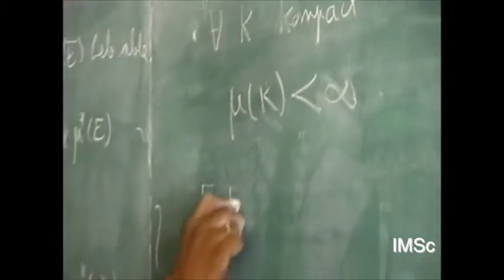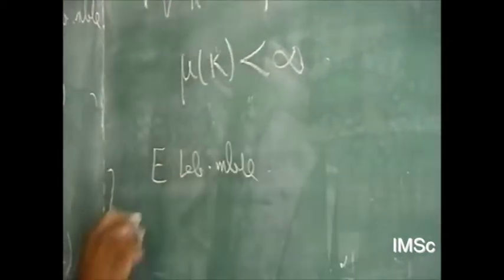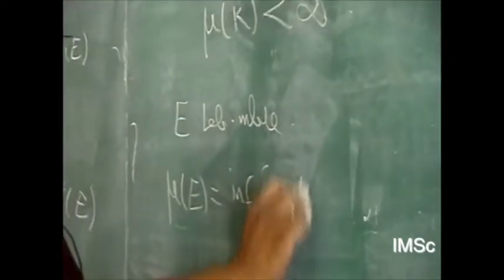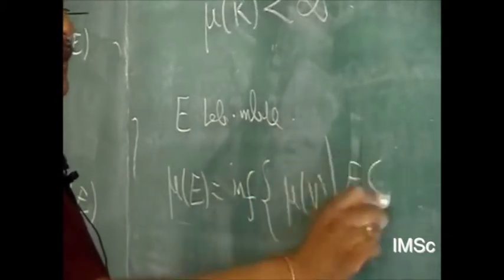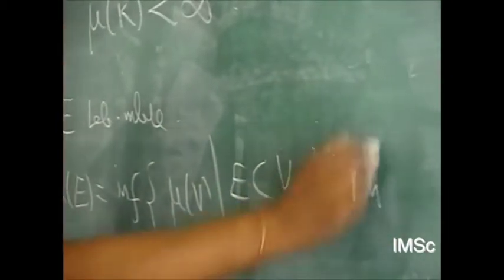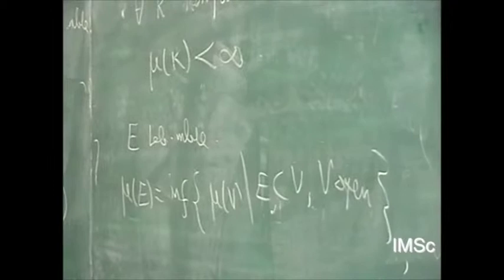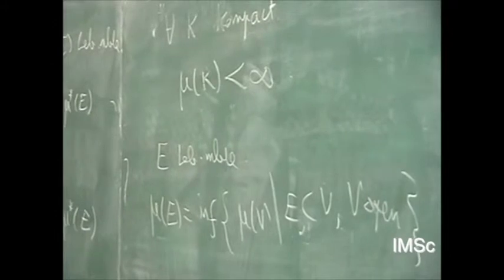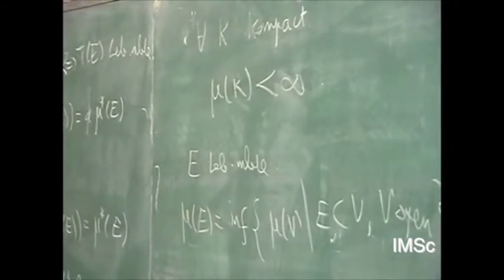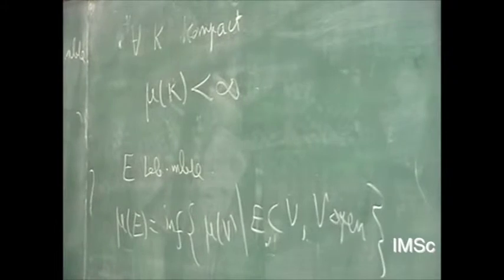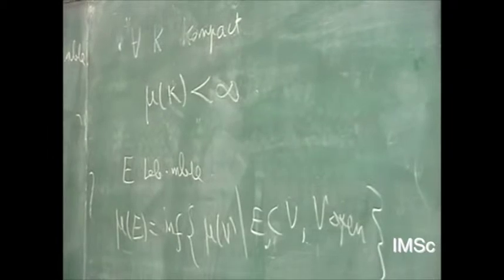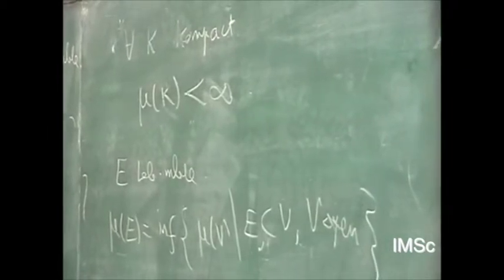If E is Lebesgue measurable, mu of E is the infimum of mu of V, over open sets V containing E. So essentially, if you know the value of the measure of open sets, then you know it for all Lebesgue measurable sets, because every Lebesgue measurable set can be approximated from above by open sets, and the measure is given this way.